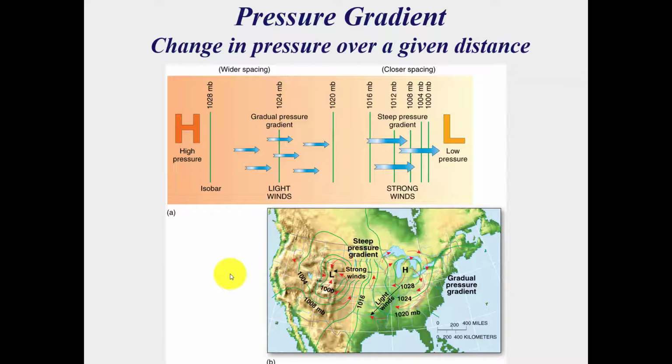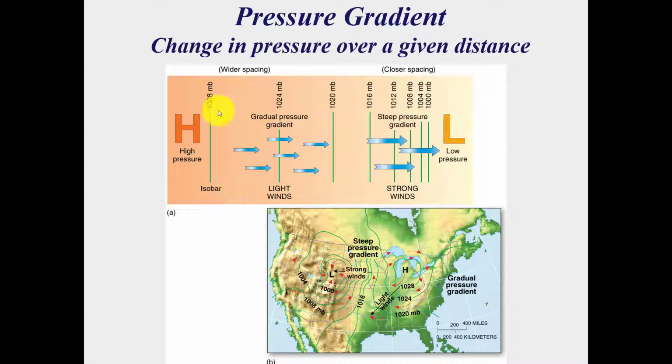What I want you to notice is that there is a pattern of closer isobars with strong winds. This corresponds with a steep pressure gradient, and that is found around areas of low pressure. Notice how far apart the lines are in this area of low pressure of the map.